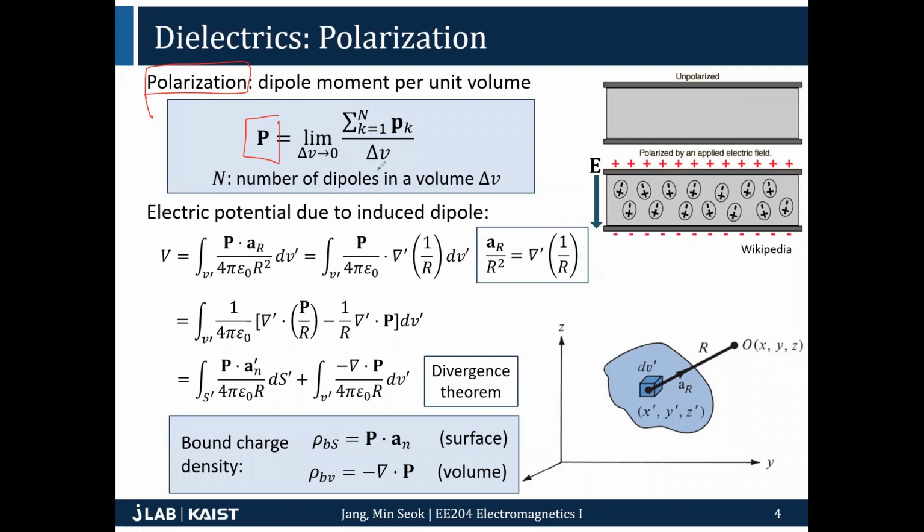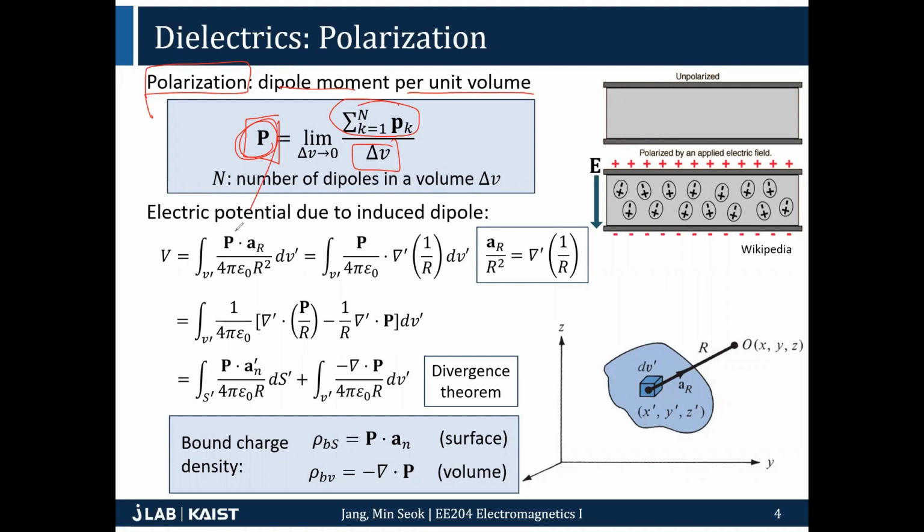This is nothing but the dipole moment per unit volume. So you can add all the dipole moments in a given volume, and then divide by delta v. So it's like taking the volume average, and then making the volume infinitely small, and then you can define your dipole moment.